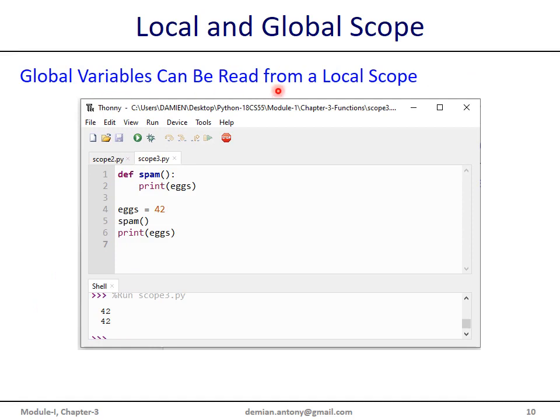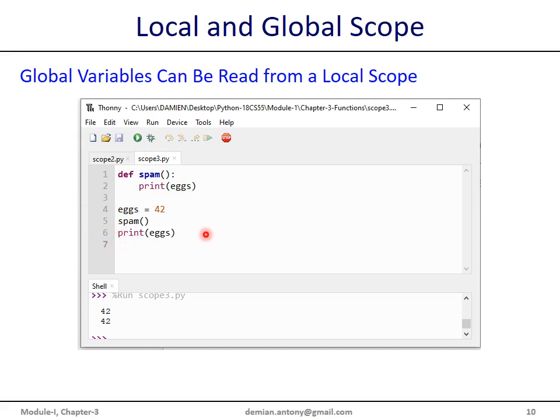Global variables can be read from a local scope. Let us define the function spam, which prints the variable x, which is a global variable. And we create a global variable here with the value 42, and then we make a call and we can access the global variable in the local scope, which prints 42.